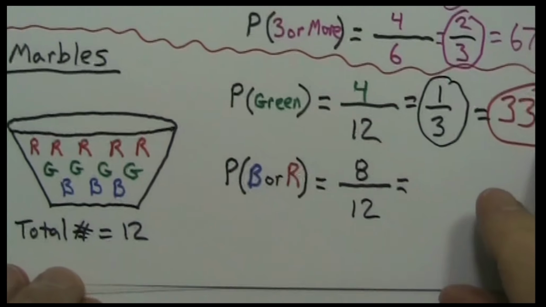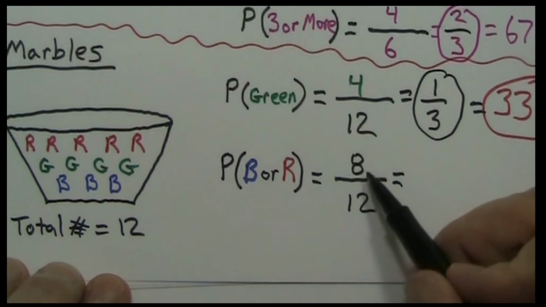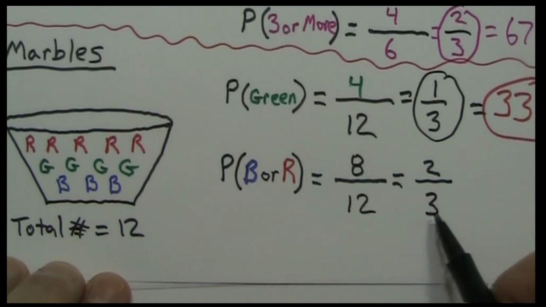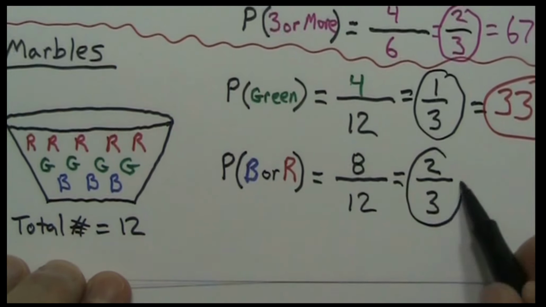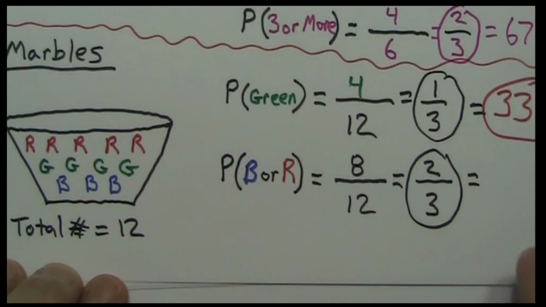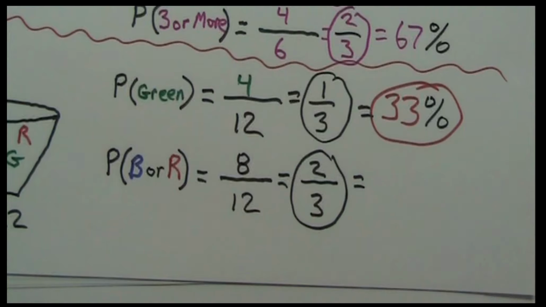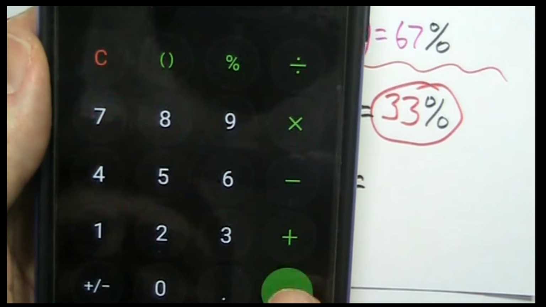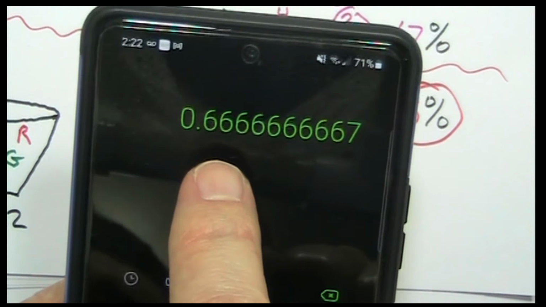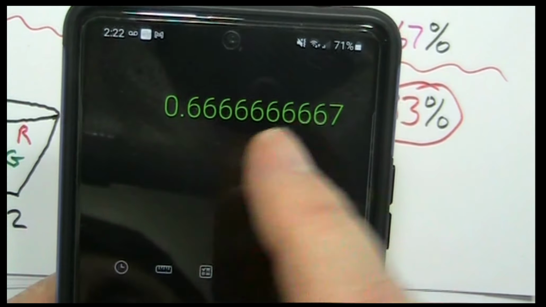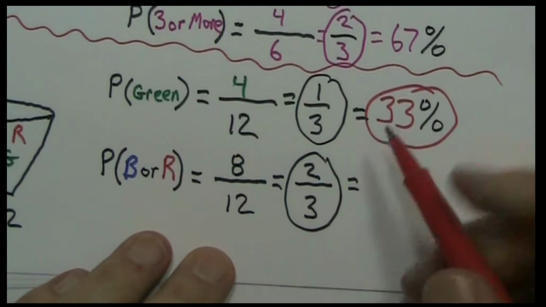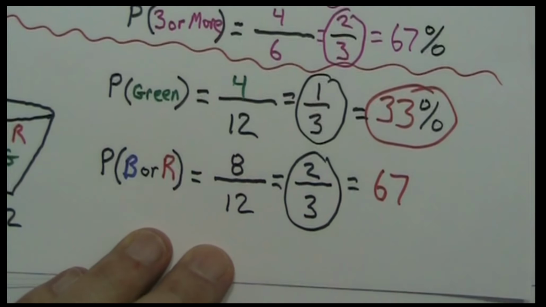That needs to be reduced. 4 goes into both of these. 4 goes in there twice, 4 goes in there 3 times. So it's 2/3, 2 out of 3. That's the same as 8 out of 12. So what is that percentage-wise? 2 divided by 3, and I get 0.666. So that's 66.6 or 67%, approximately.